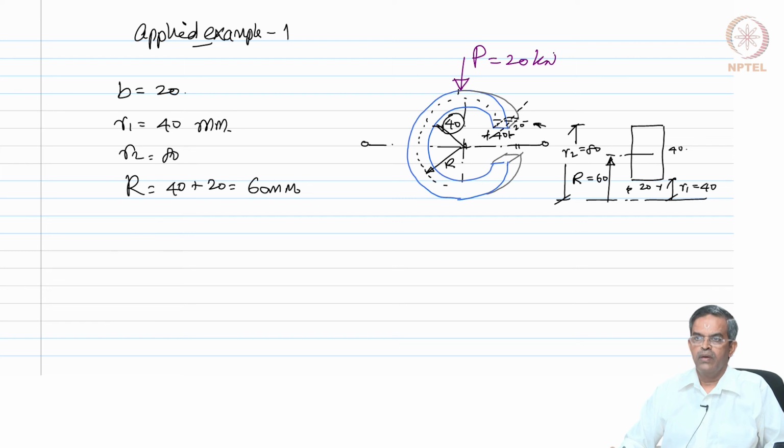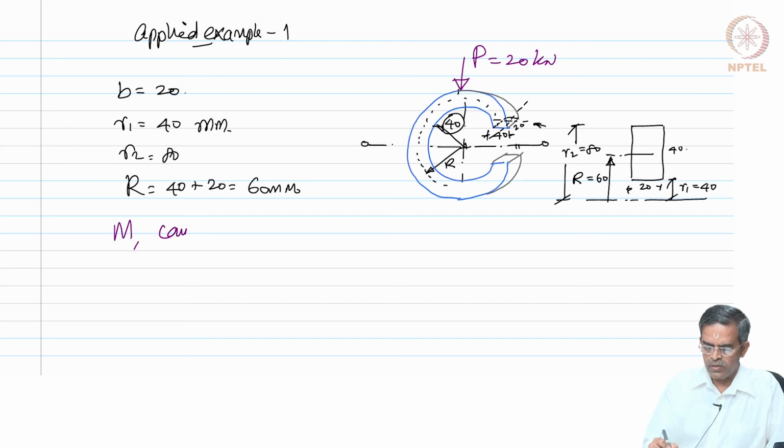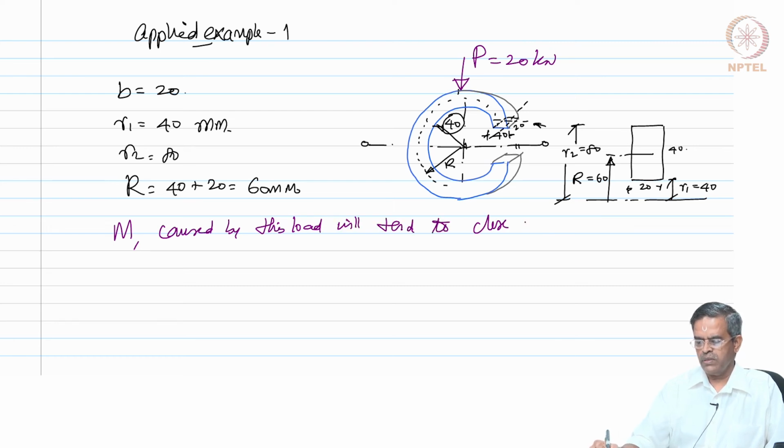Now, this 20 kilonewton P will try to compress this ring. So, M caused by this load will tend to close the curvature. It will reduce the radius.